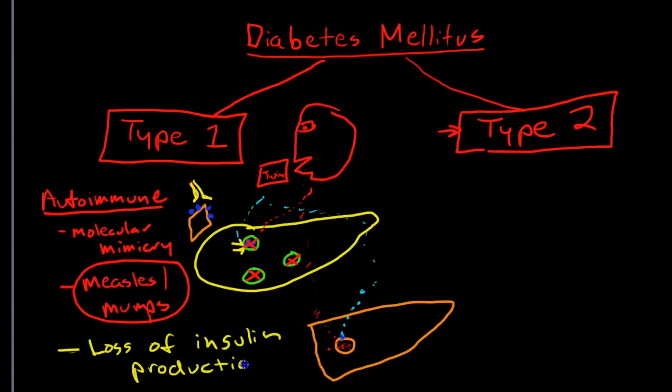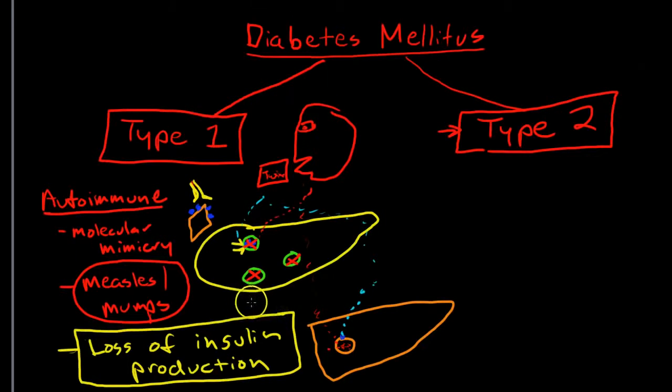Usually it's relatively absolute. Most type 1 diabetics have absolutely no insulin production. They've lost all of their beta cells. Now, there can be other causes of type 1 diabetes. There are some people who have severe and recurrent pancreatitis. This can happen with alcoholics.